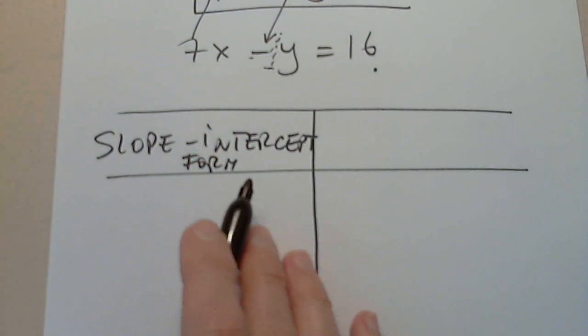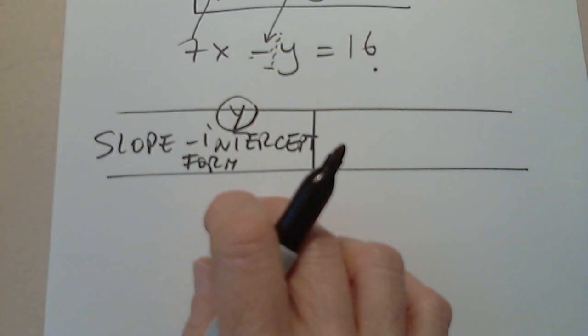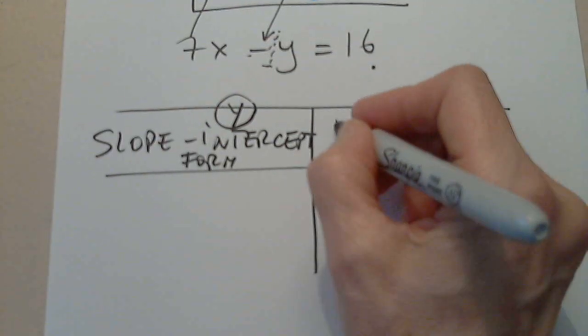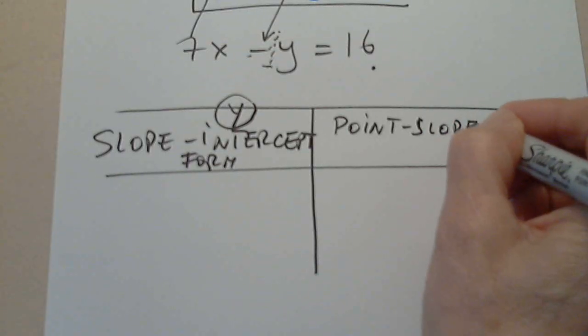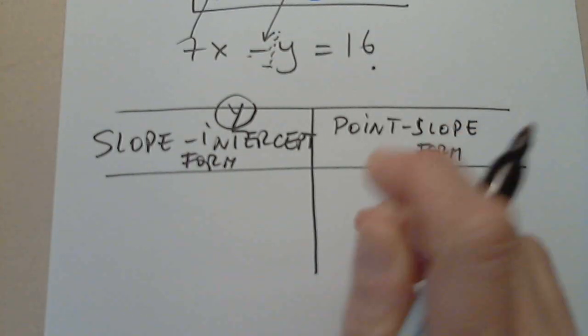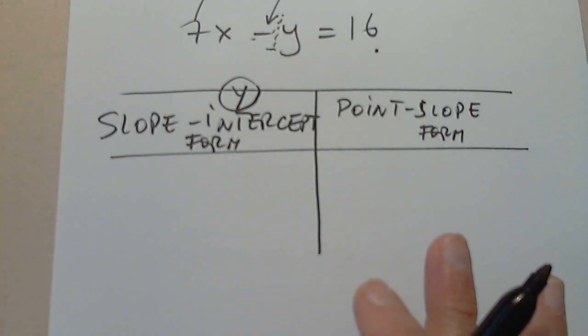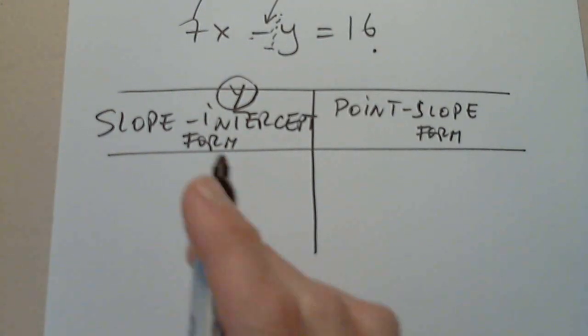When we say slope intercept form, we mean y-intercept, not x-intercept. And the other one is point slope form. I'm going to put them here, but we are not getting there yet. Not in the next few minutes, okay? So I'm going to write them down for you.